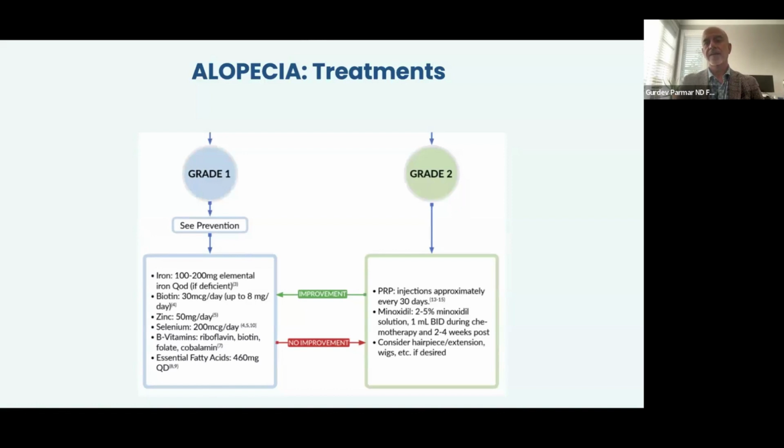We saw each and every one of these symptoms in a couple of cases in our clinic. So it's not necessarily the case that you would put a person who wants to prevent alopecia or who is dealing with grade 1 alopecia on each and every one of these supplements. It might be more related to your clinical knowledge and clinical quiver.